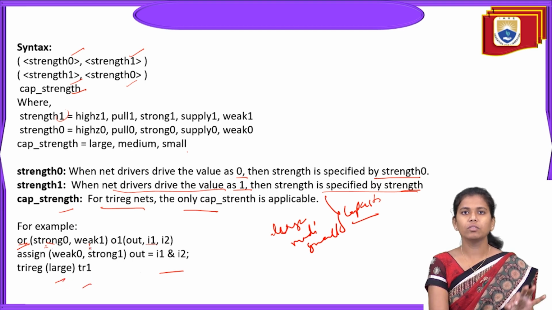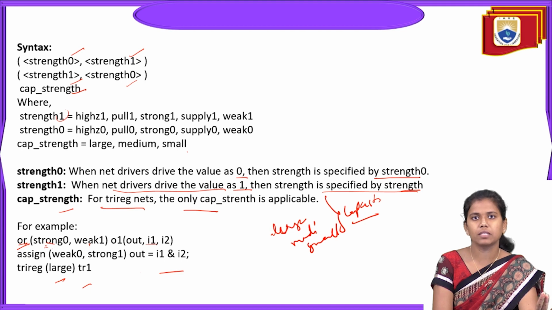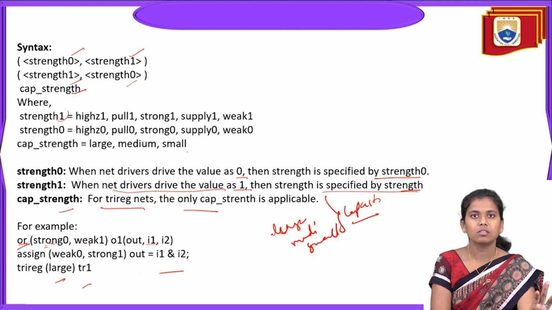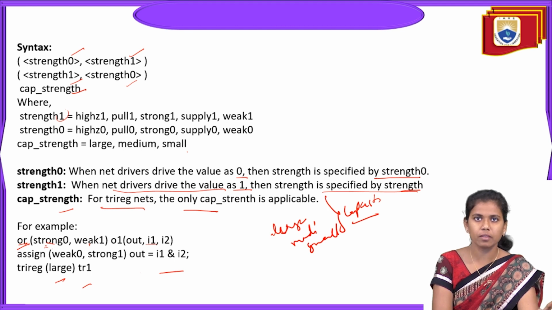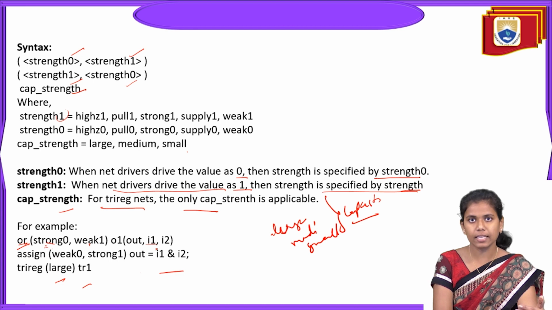So here in the three statements, the first statement represents the syntax with respect to the strength levels, which goes with the name of the module and with the port list. The second statement is talking about the basic keyword assign, again with the strength levels, followed by the output and the Boolean expression of the inputs that you have considered.